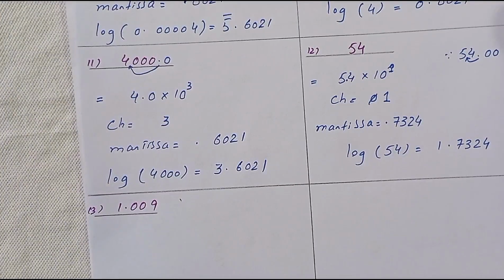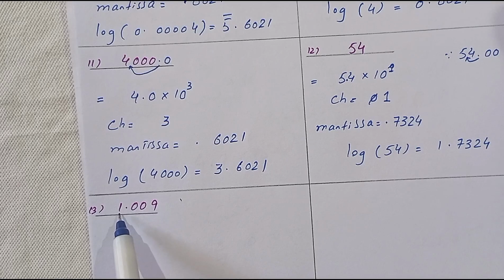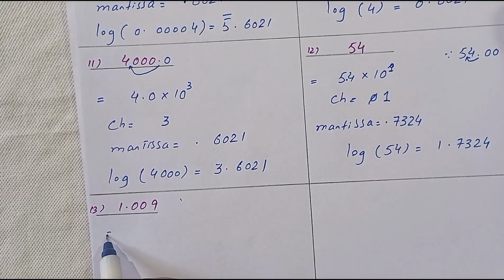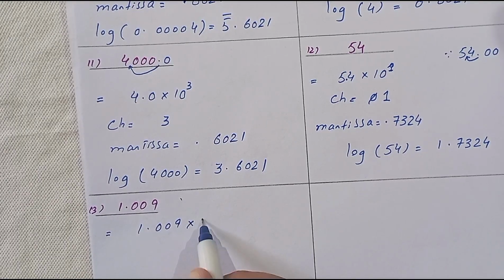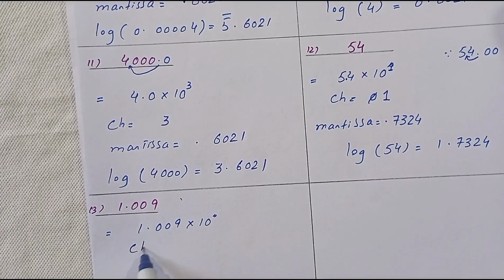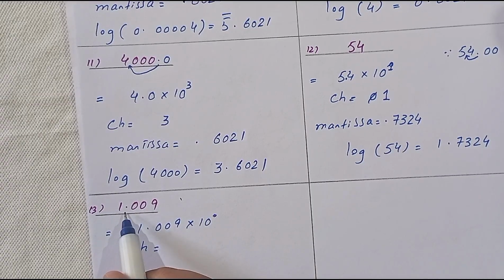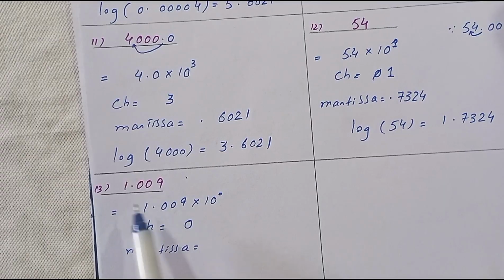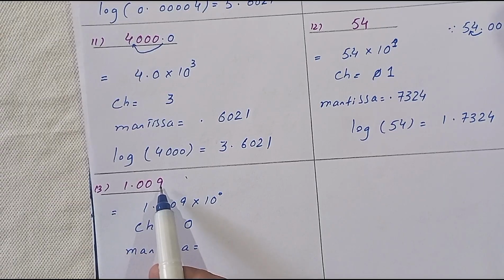In the 13th part, you can see the decimal is already at its reference position, like after the first non-zero number, the decimal is already present at its position. So in this case, we can write it in scientific notation with 10 power 0. So characteristic, when the decimal is already at its reference position, is 0. So for mantissa, we have to look at 10 into 0 and add the value of the 9 column.